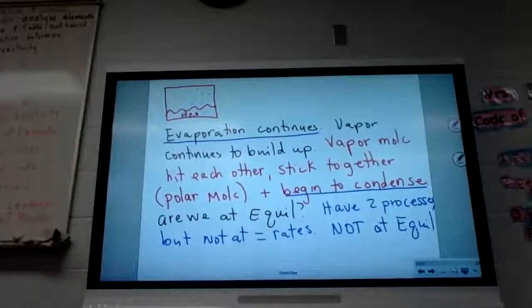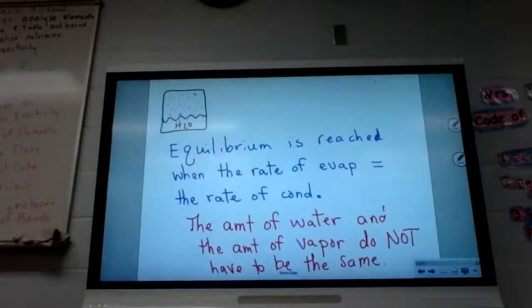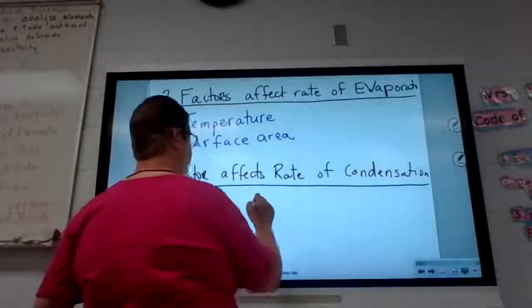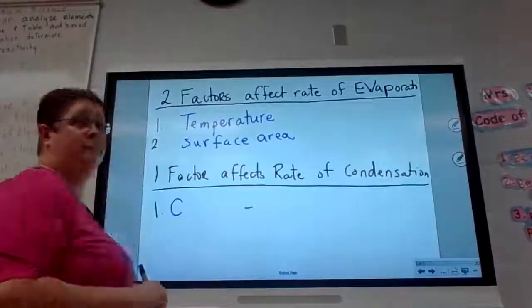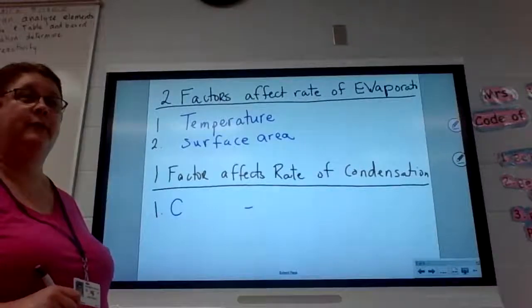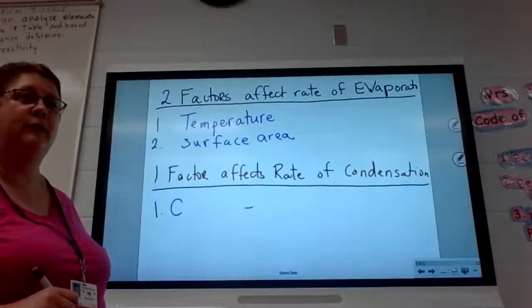I was hoping that somebody would tell me. Don't tell us, we don't know this topic. What does the word start with? I told you you wouldn't get the word. Condensation?